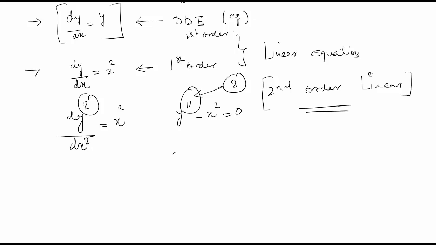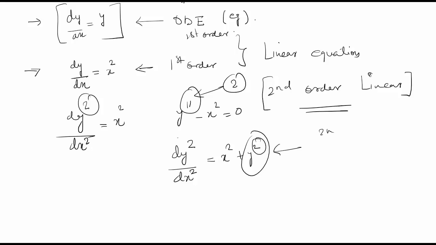But if I have an equation like d squared y divided by dx square is equal to x square plus y square, here the power of the function which I am differentiating with respect to x is 2.